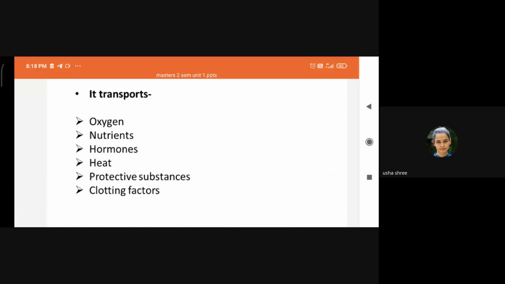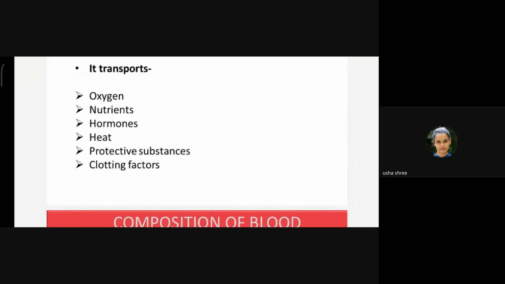Anyone? It's protein, ma'am. Blood clotting is mainly done by platelets. Okay, and what are platelets? The part of the blood, ma'am. Yes, it is a component of blood.